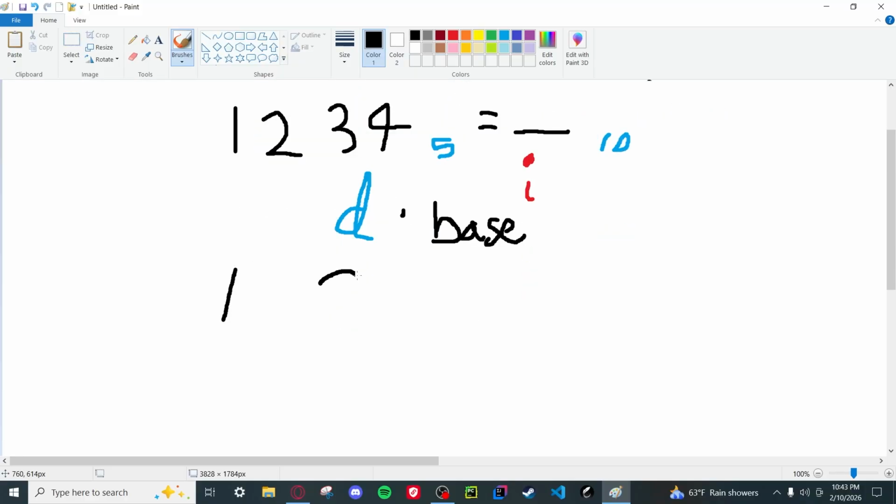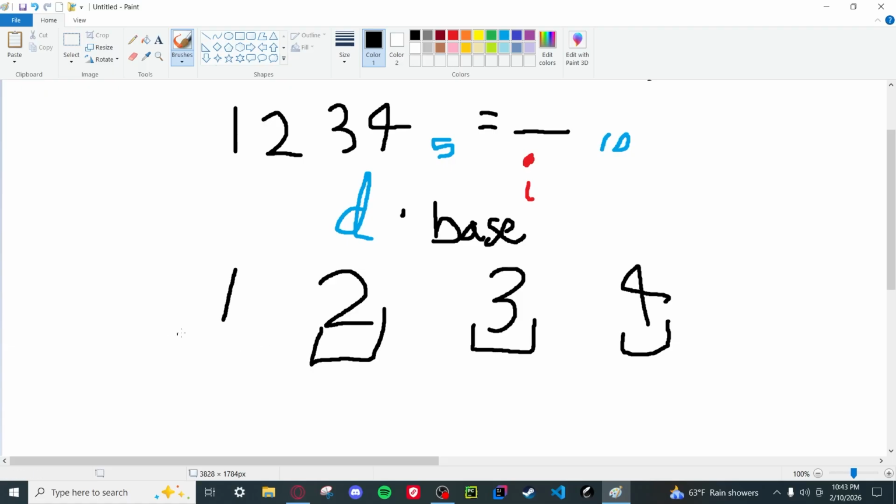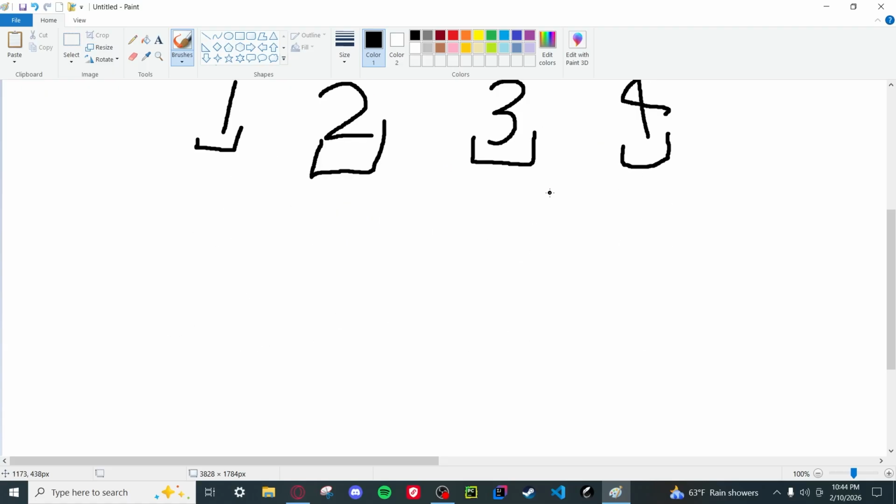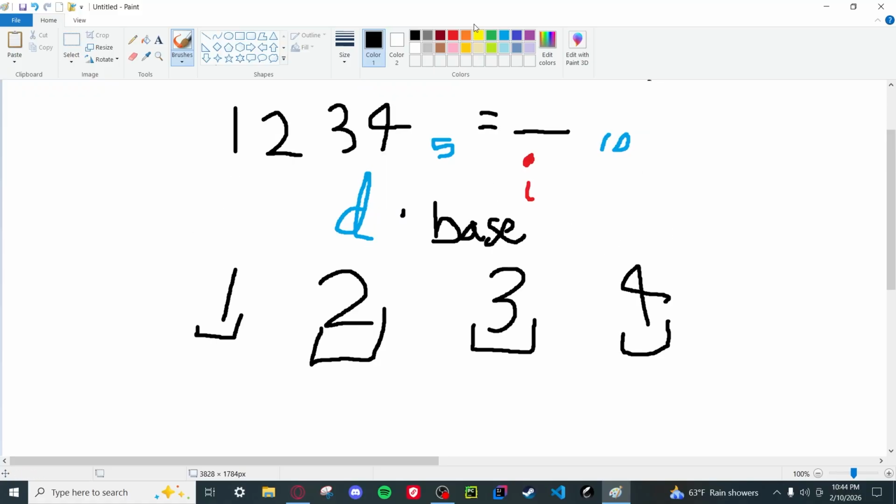Remember, separate your numbers, because there's no 34 in base 5, there's only a 3 and a 4. Okay, follow the formula. It's going to be your 0th index, your first, second, third. It'll increase by 1 as you keep going out.